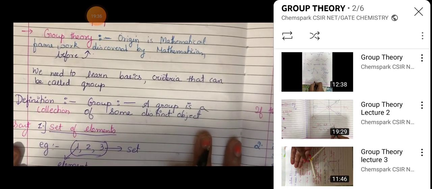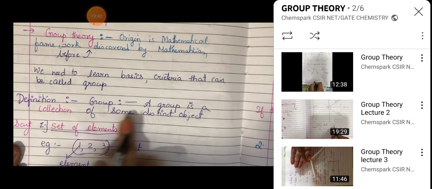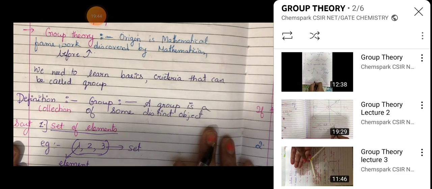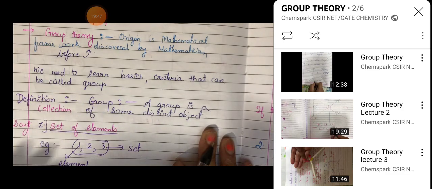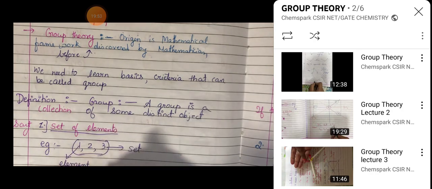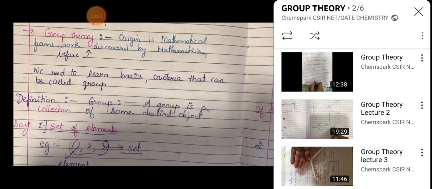Now, in layman's terms, a group is a collection of some distinct objects. For example, a collection of jewelry is nothing but a group. An example is some set of elements. For example, 1, 2, 3 is a set of numbers starting from 1 till 3.